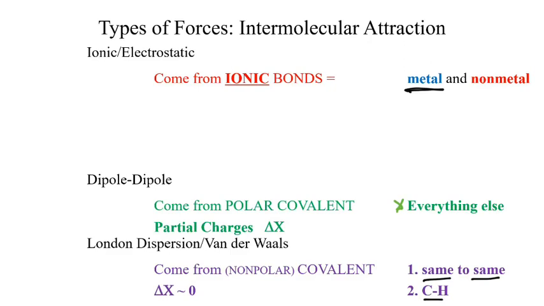Is it carbon to hydrogen? Well, then it's nonpolar covalent. Everything else now comes in as the last stage. So you're really checking 3 things. If those 3 things aren't satisfied, then we're falling in the everything else category, and that by definition would make it polar covalent and a dipole-dipole force.